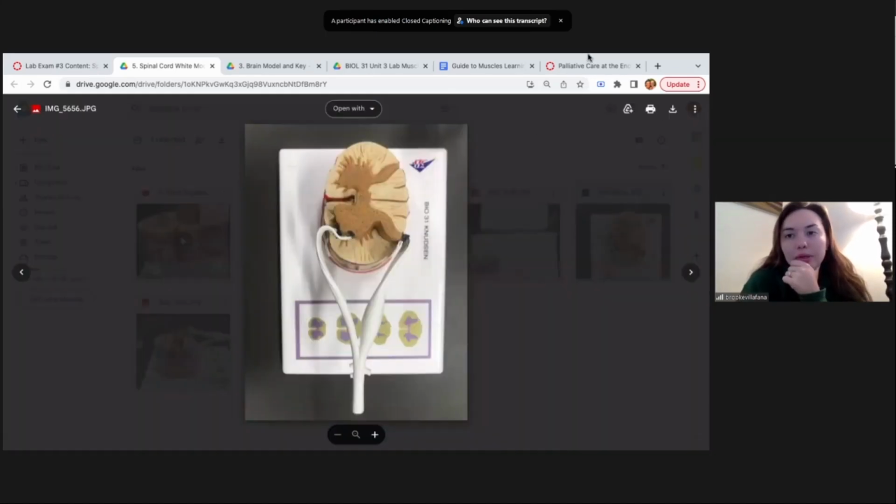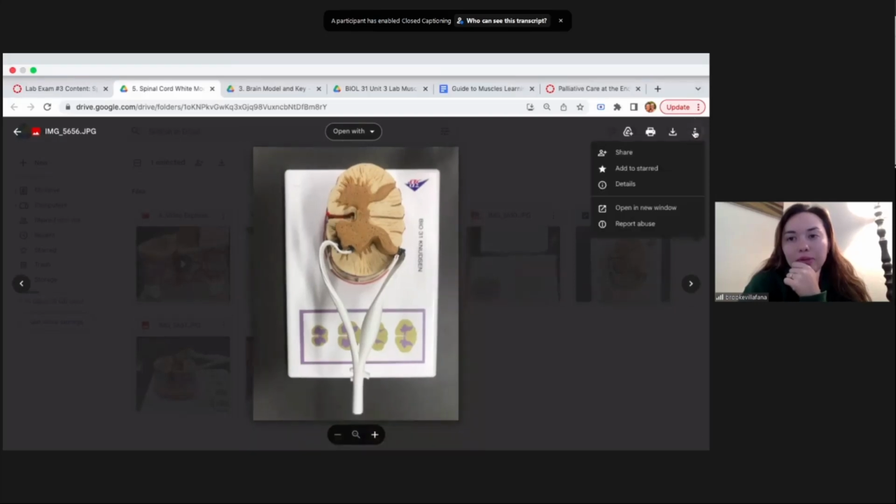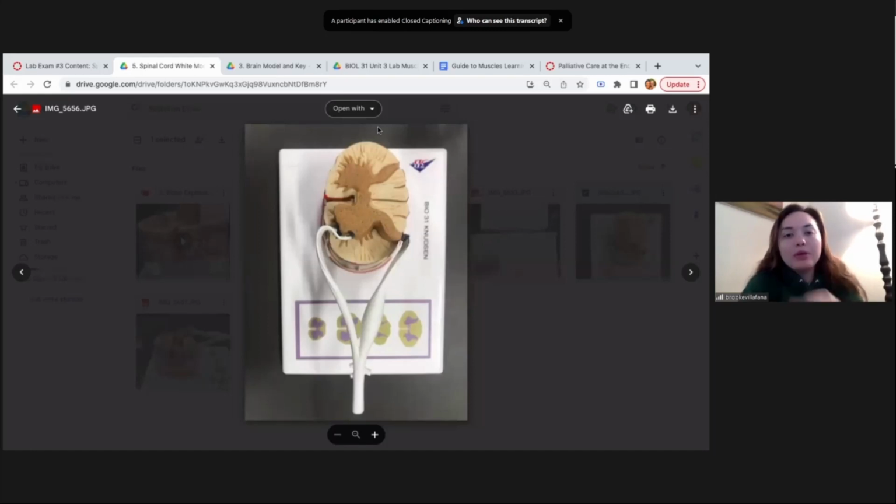Trying to get it to rotate, but I don't think it's going to rotate for me. All right, so we can just work with it on the side. At this point, you guys kind of get the idea of what's going on.